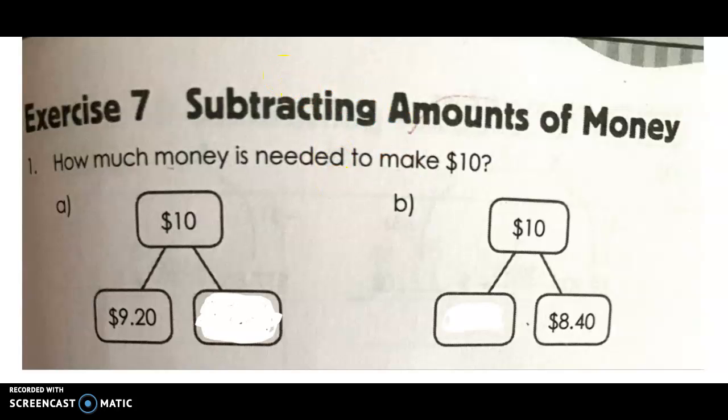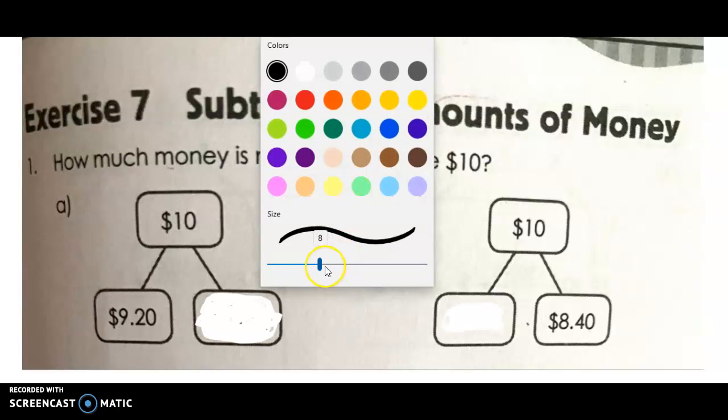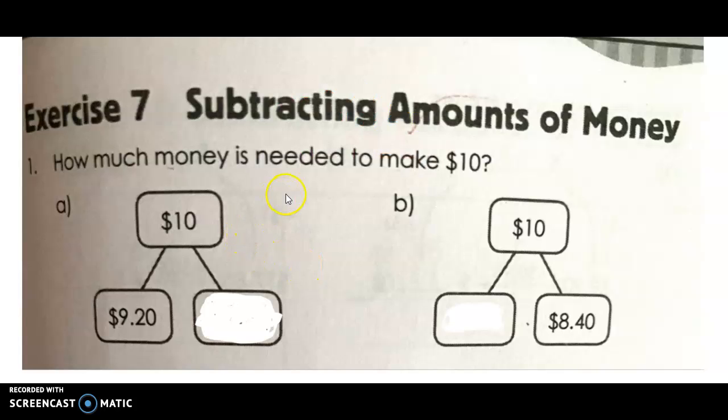That's the goal, right? You can work this out in your math notebook if the book itself doesn't give you enough space. I put my $10 and I will need to subtract that $9.20 to find out how much more I need to make that $10.